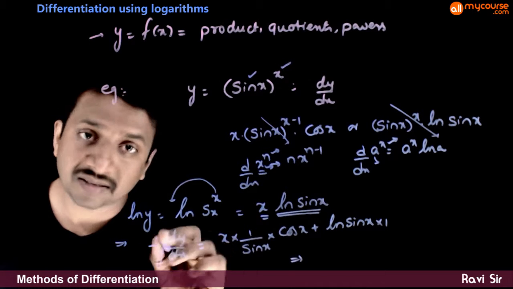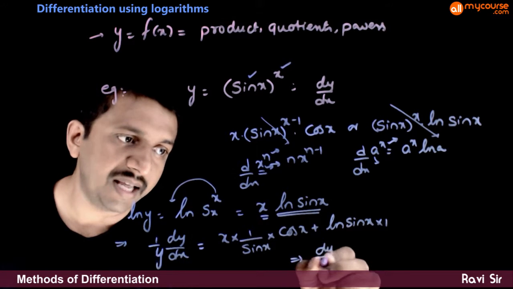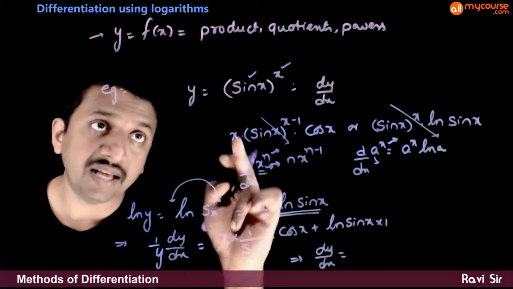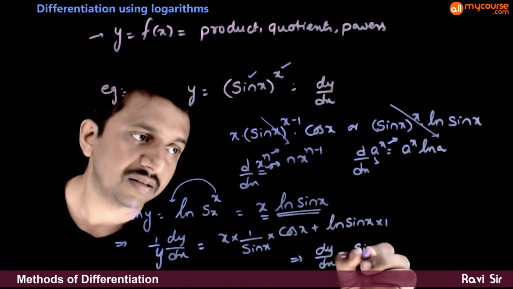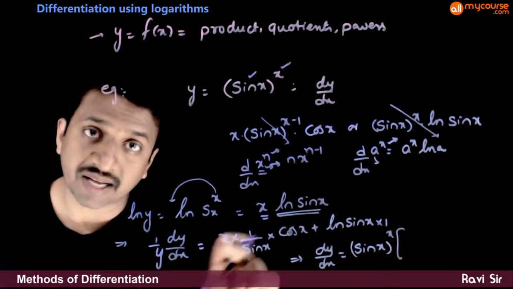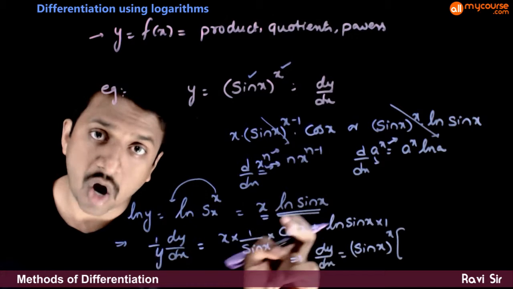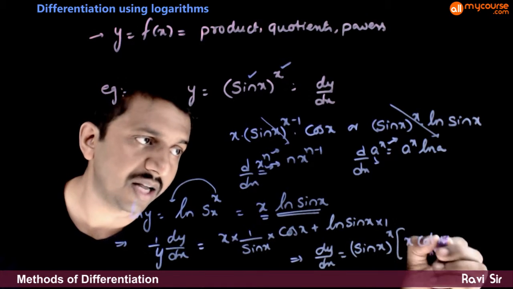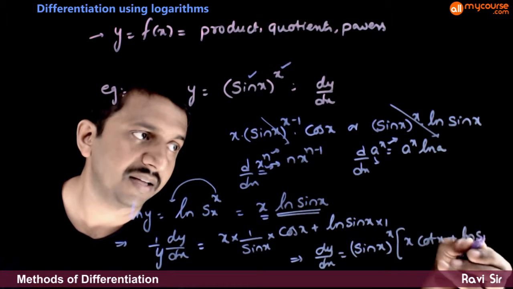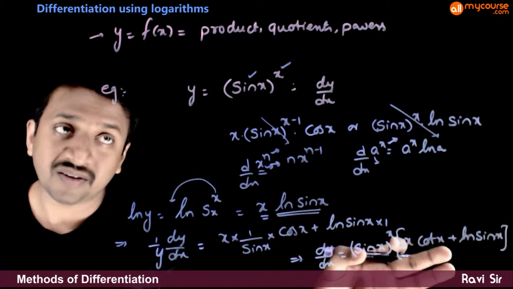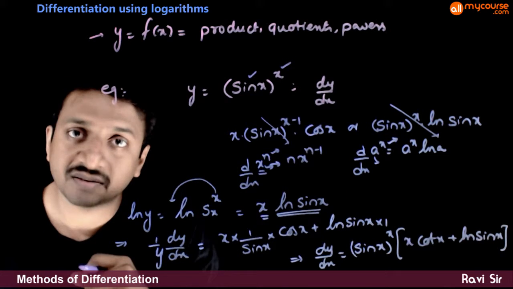So this implies dy by dx is equal to, if you do the cross multiplication, y is nothing but sin x power x, times x cos x by sin x, which is x cot x, plus ln sin x. So this will be the differentiation of sin x power x.